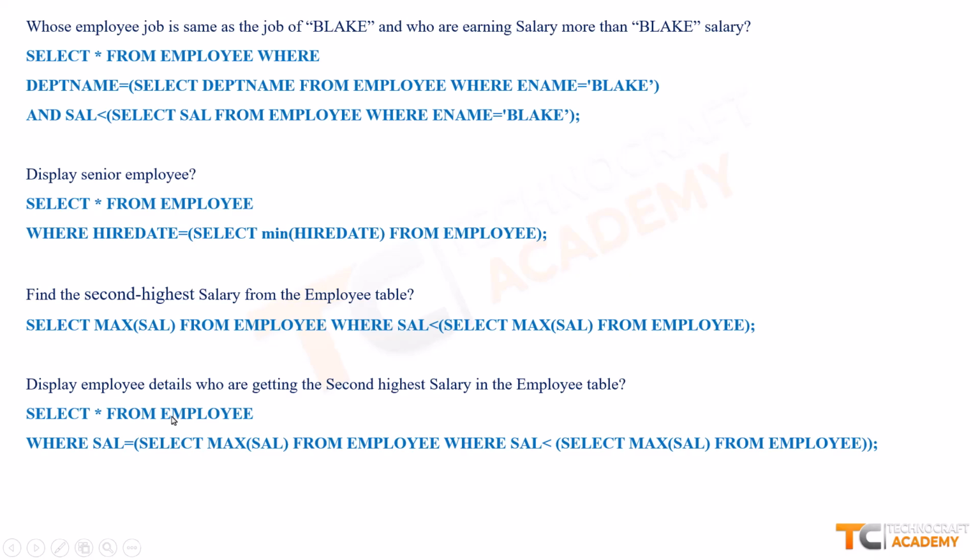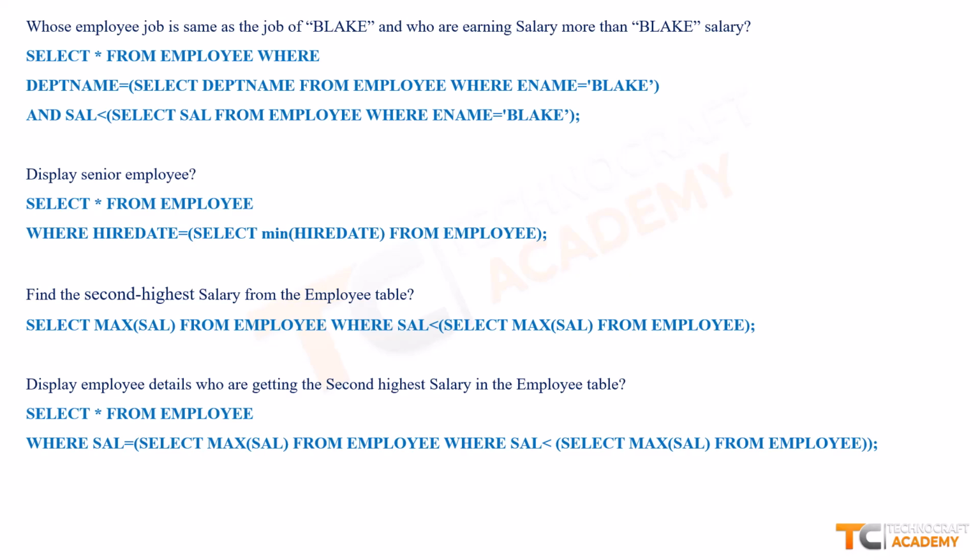So in that case, we'll use select star from employee where salary equals to. So again here, whatever the last example we saw, that will be in the subquery, and we'll have an outer query as select star from employee. Okay.